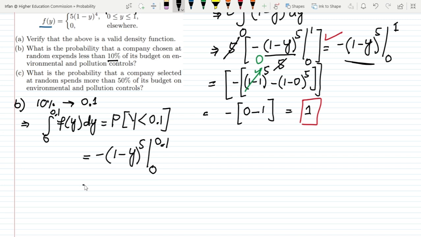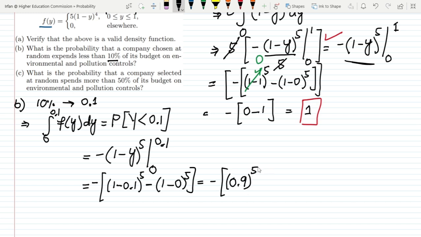Now putting these values in, the minus remains the same, and writing the higher range, this is (1 minus 0.1)^5, and also minus (1 minus 0)^5. Simplifying it, it will be minus, and here we will have 0.9 to the power 5, and here we will have minus 1.